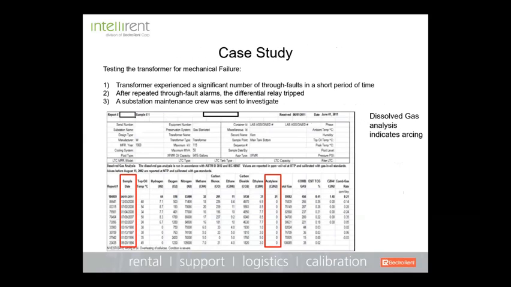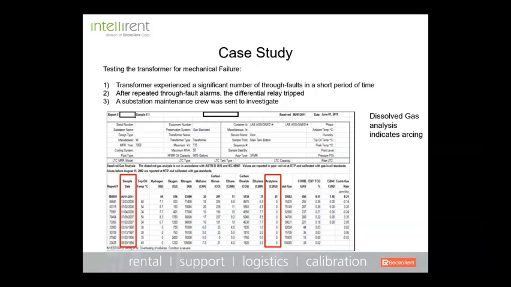All right, so let's take a quick look at a case study here. We're testing a transformer that had an obvious mechanical failure. It experienced a significant number of through faults in a fairly short period of time. So after these reported through fault alarms, finally the differential relay tripped. And unfortunately, that's what happens if these through faults continue to happen and they're high enough.